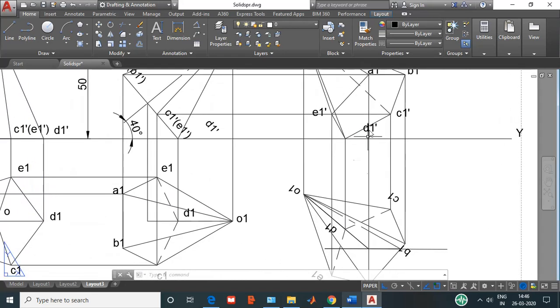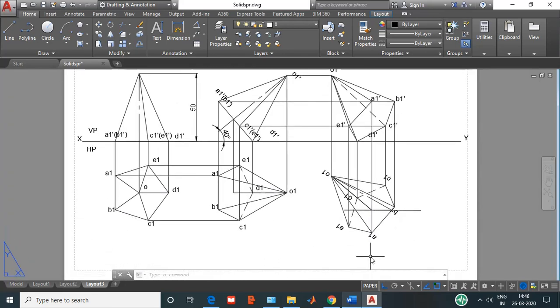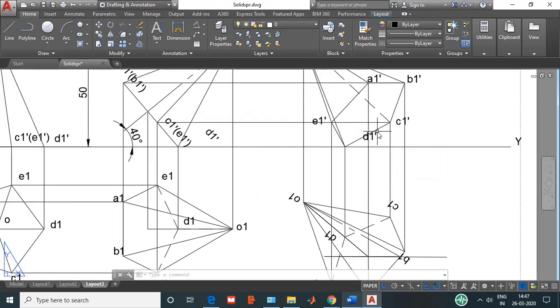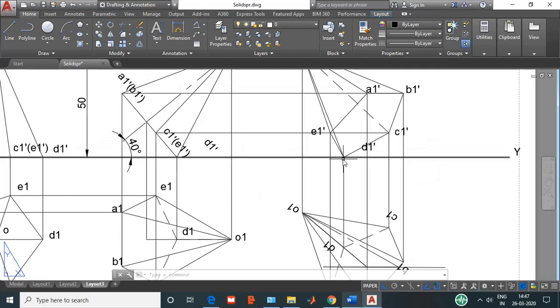Very simple. Come back to this view again. The furthest point to the observer is C1. After this, which is the next furthest point you need to check? After C1, the next furthest point is D1. So now the lines going from D1 would be hidden. If you look here, which are the lines going from D1 dash?